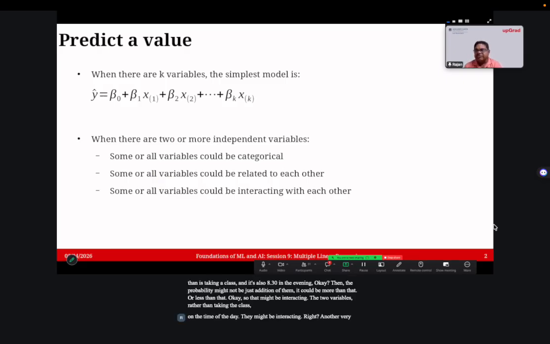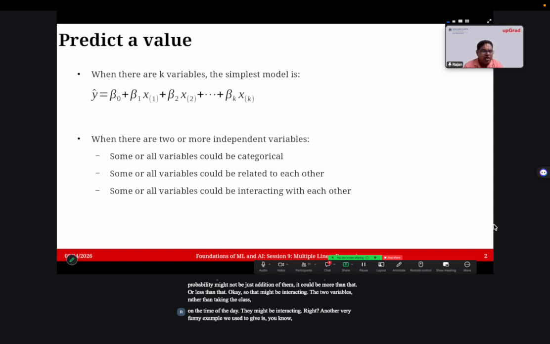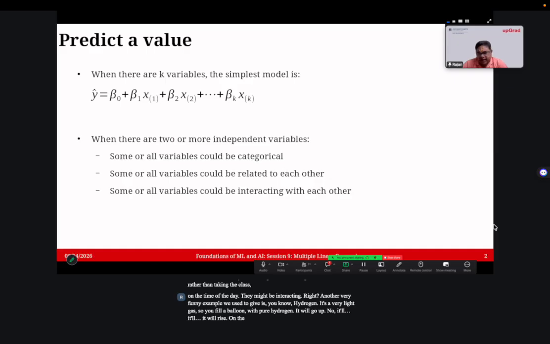Another very funny example we used to give is, hydrogen is a very light gas. So you fill a balloon with pure hydrogen, it will rise. On the other hand, you take air, which is predominantly nitrogen, you heat it up, so it becomes a hot air balloon that also floats up.